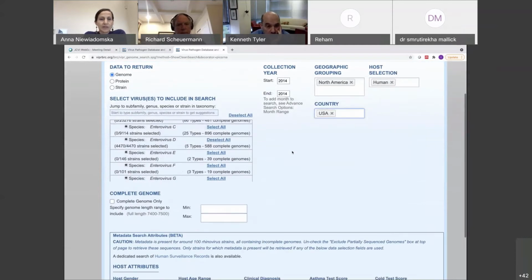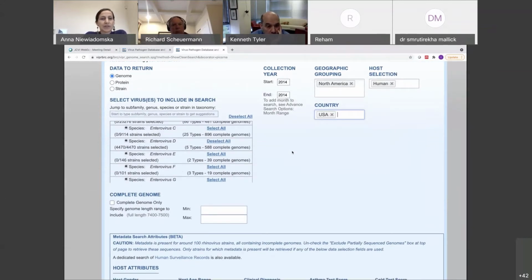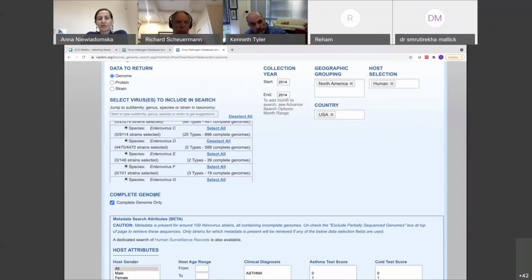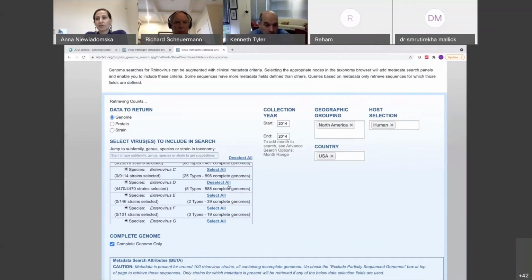And one of the nice things about the Viper sites is that you can also specify that you want complete viruses only. So oftentimes people will upload fragments, which might not be what you're looking for, especially if you're looking to do a complete genome alignment. So if you specify complete genomes only, this will bring our results down to 238 only.